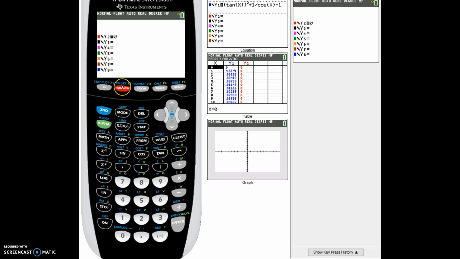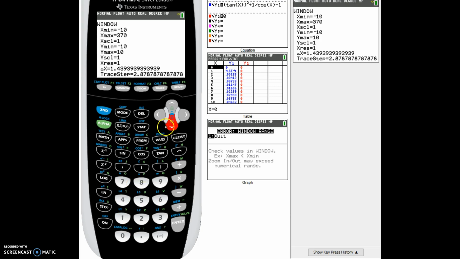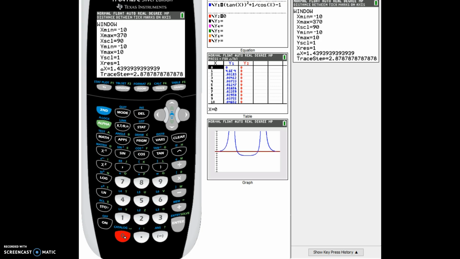Again, for my window, since I want to see all of the solutions, I'm putting in -10. Whoops, that is way too much. -10, 370. If you want to do 0 to 360, that is fine. An x scale of 90. And then we'll leave everything else the same.